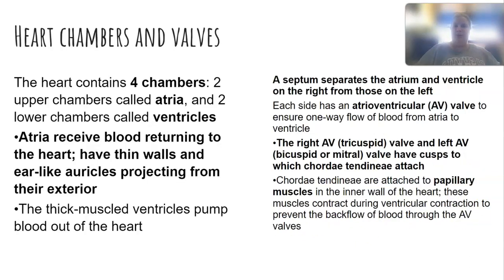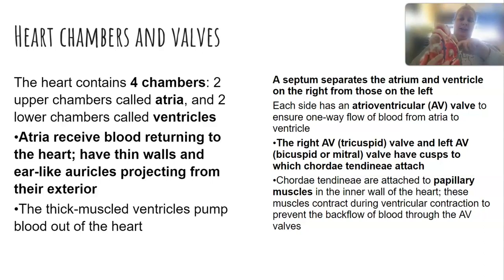Alright, so your heart has different layers but also different chambers. It has 4 chambers. 2 of them are upper. Here is one of your upper chambers, and this white one right here is the second one. These are called your atria, and then you have 2 lower ones, this one and this red one, which are your ventricles.